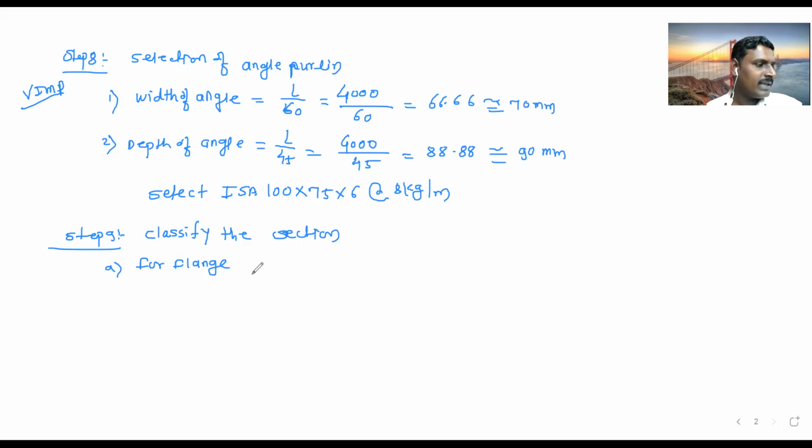For angle, how to calculate? I think D by T I have given, no? There is no flange here, only for I section. For angle section we have to take D by T. Correct? Is this correct? I have given this.